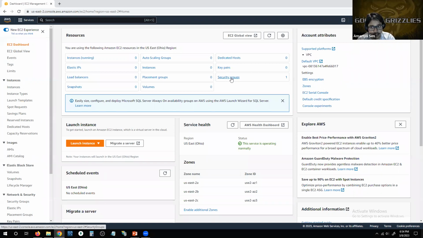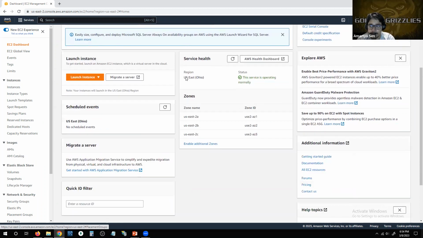You need to have your security groups, because remember, as we just discussed, that security groups are applied on the instance level. So that is why you see a security group here, but you do not see any kind of network ACLs, because network ACLs are essentially on the subnet level, one level above that.